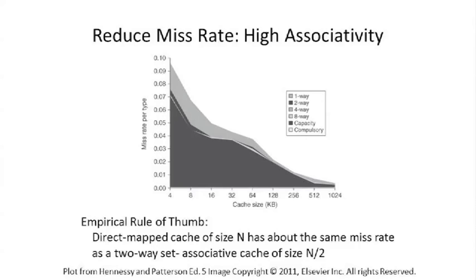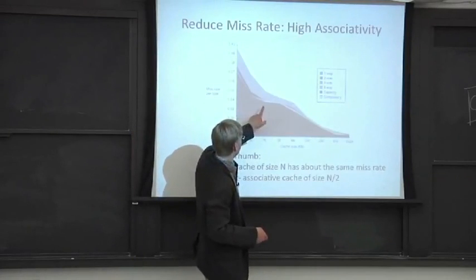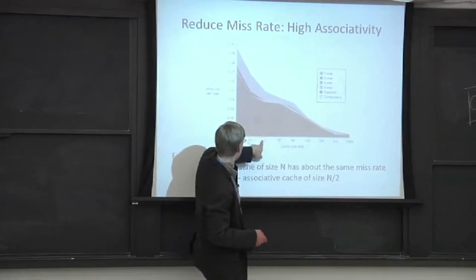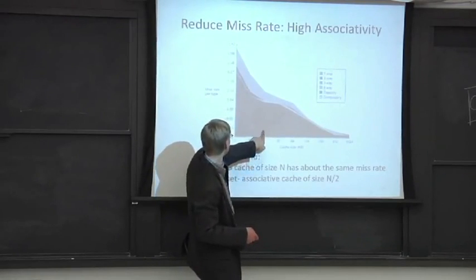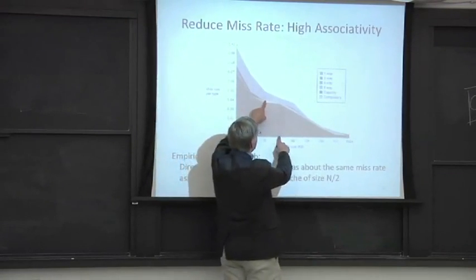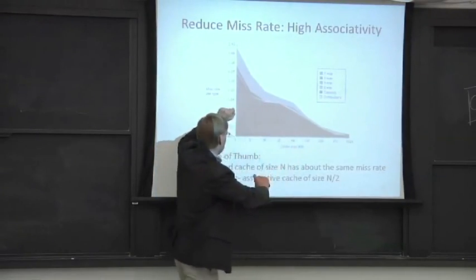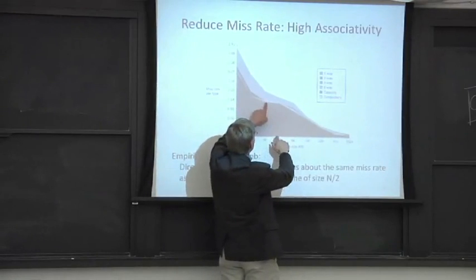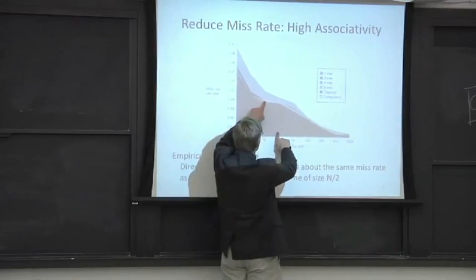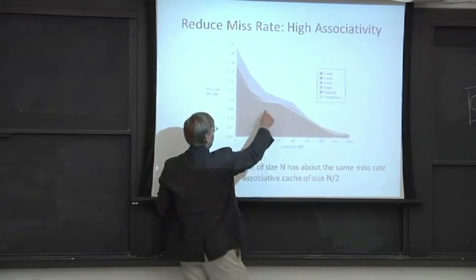But let's look at this graph and see if this actually works. Let's look at a 16 kilobyte cache that is direct mapped and compare it against a 32 kilobyte cache. Or excuse me, a 16 kilobyte cache that is two-way set associative versus a 32 kilobyte cache that is direct mapped.